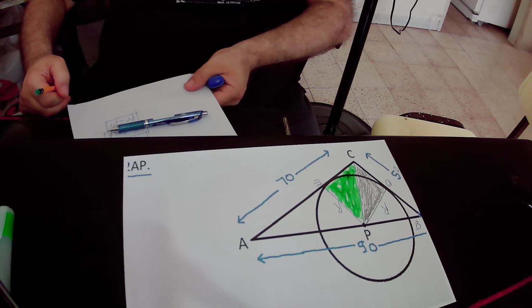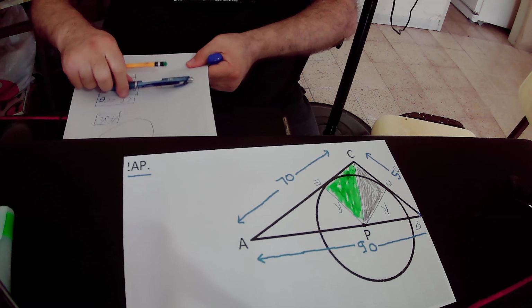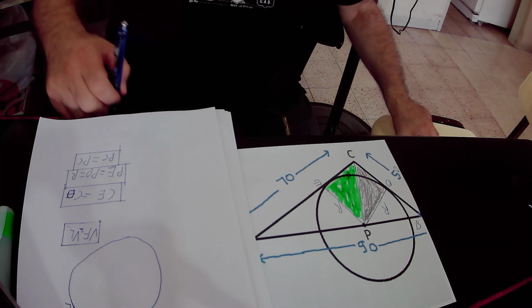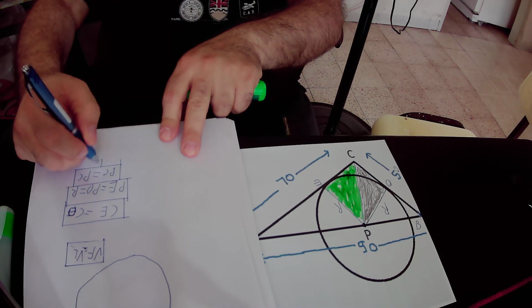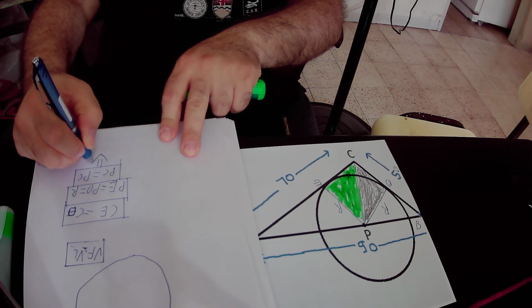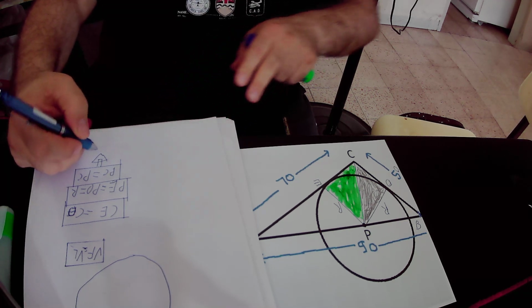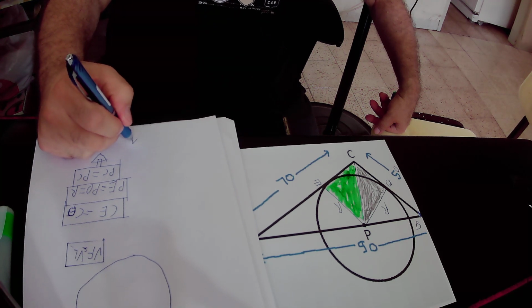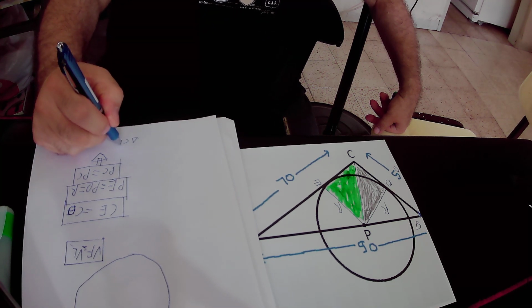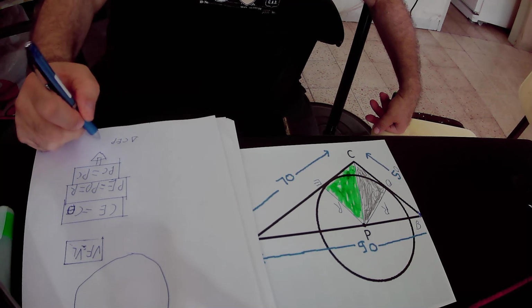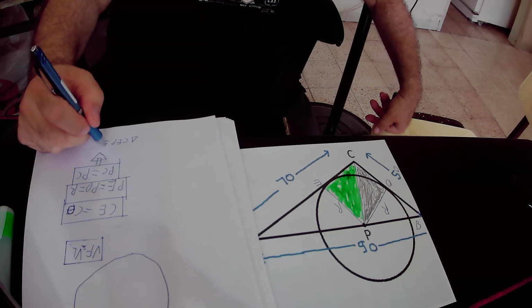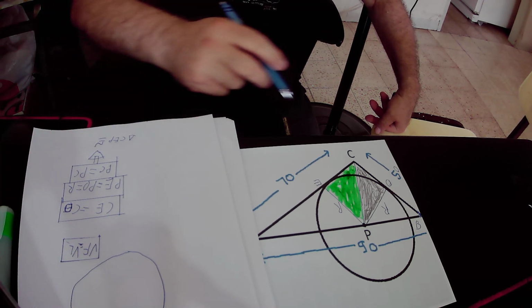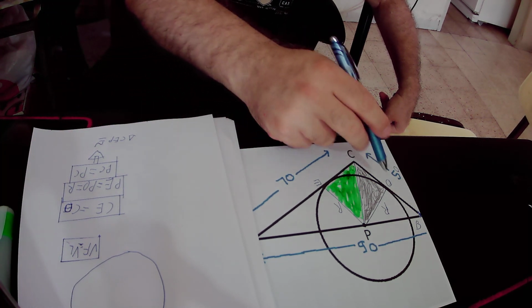And from that equality we can deduce that the green triangle, that is to say triangle CEP, is congruent to triangle COP.